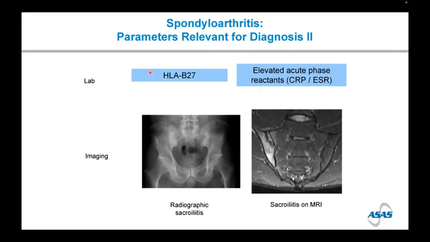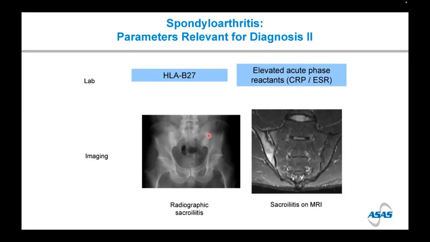HLA-B27 is very good, a predictor and risk factor for developing axial SpA, but a negative HLA-B27 doesn't exclude, and even a positive HLA-B27 doesn't confirm the diagnosis of axial SpA.